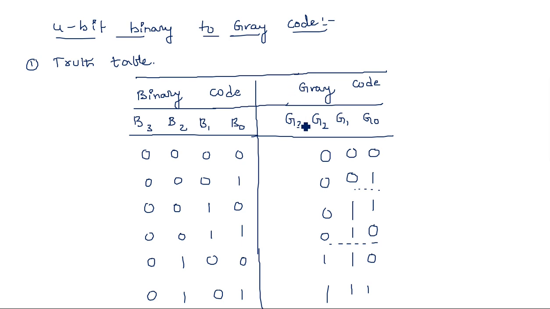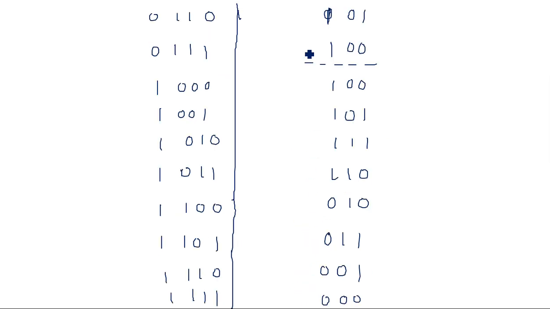So append zeros for the first 8 and the remaining all are ones. So this is the way to write a gray code format.